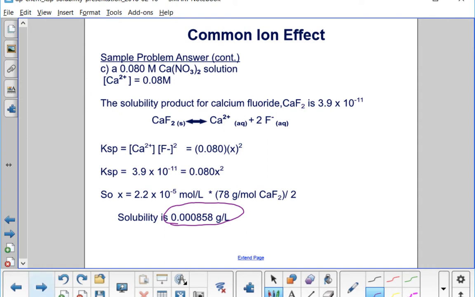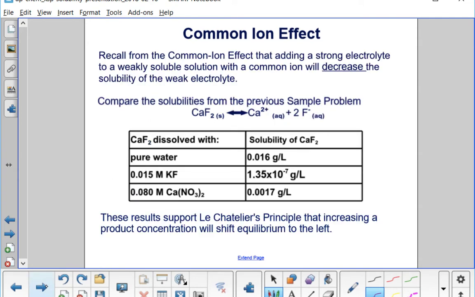And then just a summary of the problem. So recall from the common ion effect from our discussion in our acid-base equilibria that adding a strong electrolyte with a common ion to a weakly soluble solution decreases the solubility, right? So if I have a solution that contains an ion that's here already, my equilibrium is going to shift this way, decreasing the solubility.